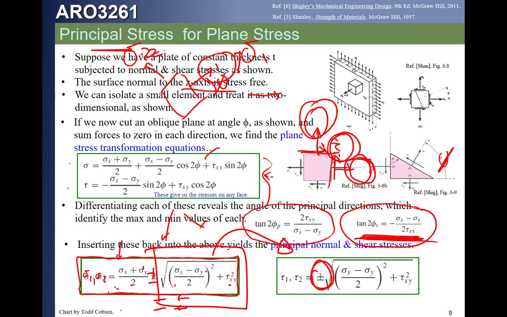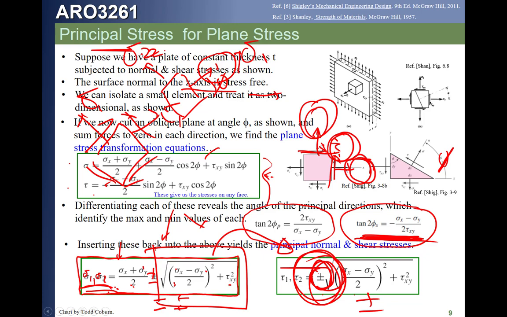We're getting two stresses for the principal stress faces, which means once we rotate the element, these two, sigma 1 and sigma 2, and we're getting two values for shear stress, which is just the action-reaction pair, meaning it's really only one value, but it's got both a positive and a negative on the different faces.